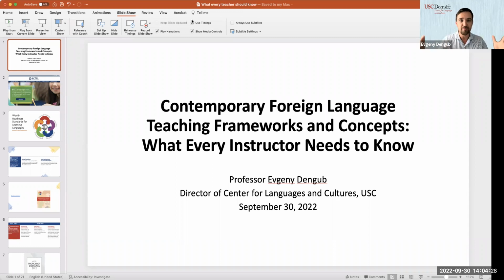I mean, we'll probably disagree on the actual composition and a list of things that we should know, but I try to include the very basic concepts and frameworks that we use here in this country. So it might not be the same in Canada or Russia or France, but in the United States, that's what we mostly use when we describe what we do.